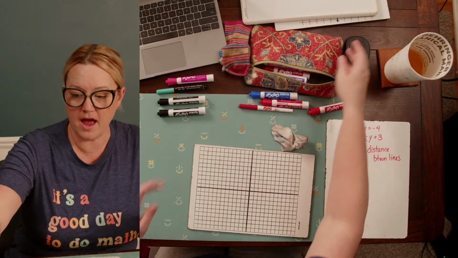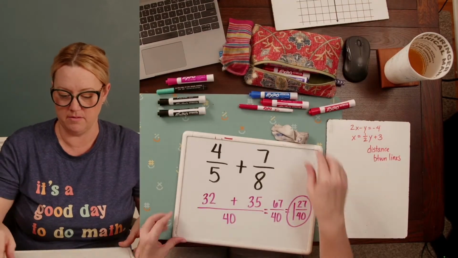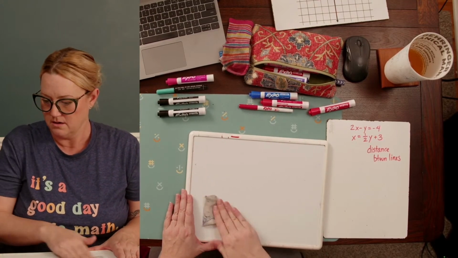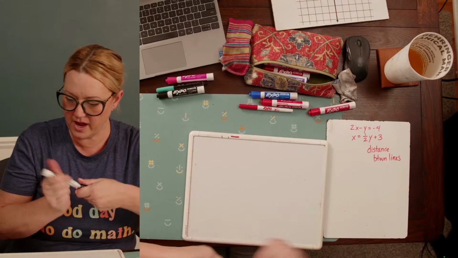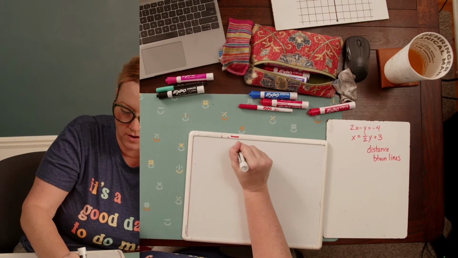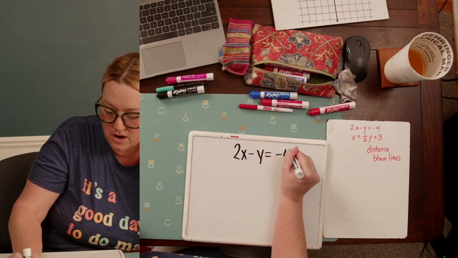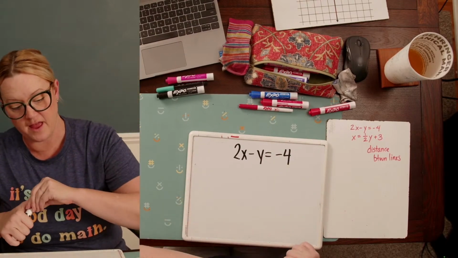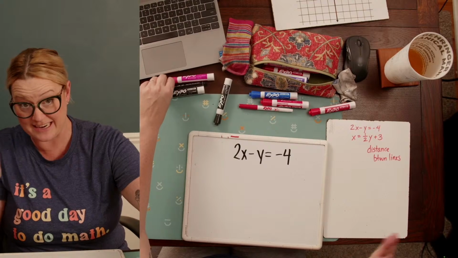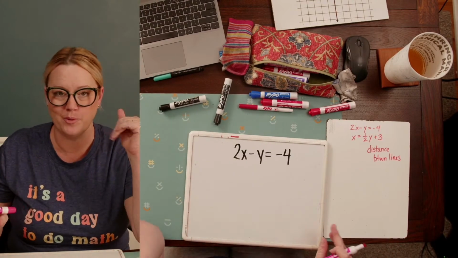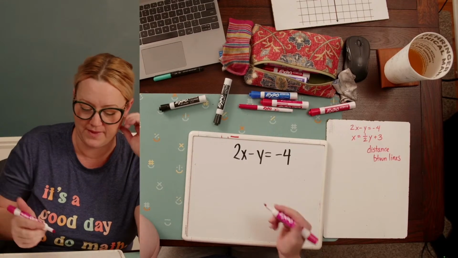So we've got, let me grab my big board again. I really like using this big board. Okay, so we've got 2x minus y equals -4. So again, you can always graph a line by making a table of values, but you can also, if it's easy to put it into slope-intercept form, that works too.